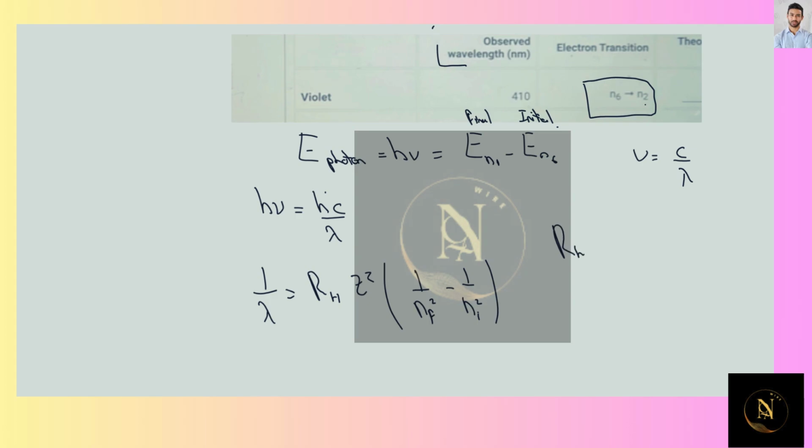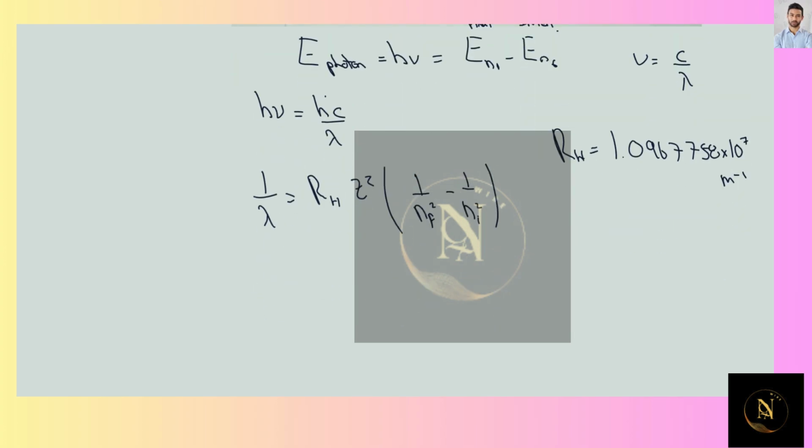The value for the Rydberg constant for hydrogen is going to be equal to 1.0967758 times 10 to the 7 meters to the minus 1. In this case, what corresponds to the theoretical value would be, since the atomic number for hydrogen is equal to 1, we're going to have our Rydberg constant, 1.0967758 times 10 to the 7 meters to the minus 1, multiplied by 1 over the final state, which is going to be n equal 1, minus the initial state, which is going to be 6.